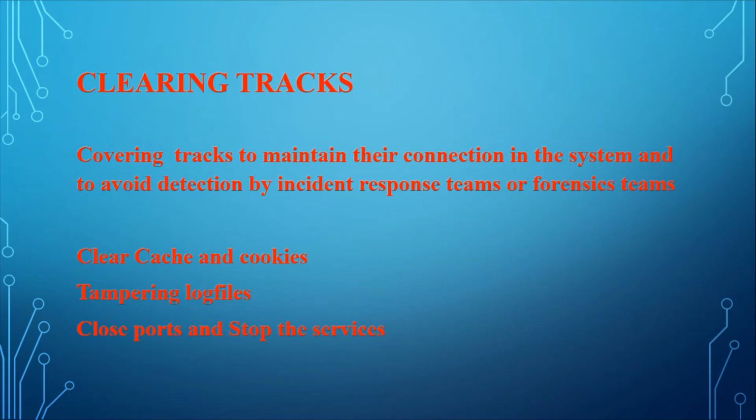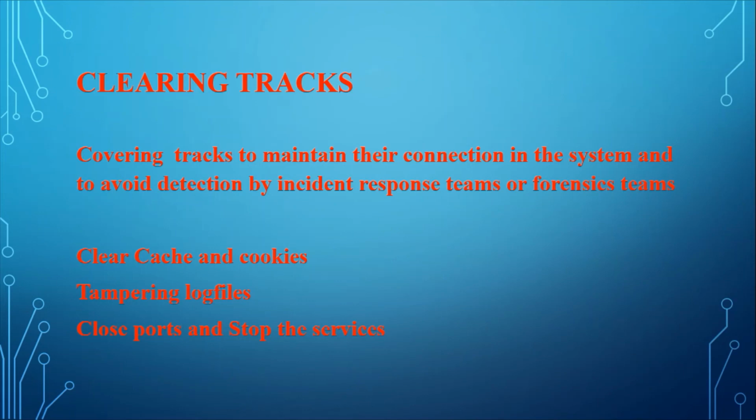The fifth phase is clearing tracks. Clearing tracks is the process where the attacker tries to avoid detection by the incident response team or any forensic teams. There are different ways of doing it. Some of the common methods of clearing tracks are clearing cache and cookies and tampering with log files.